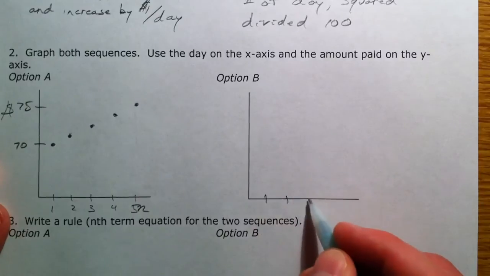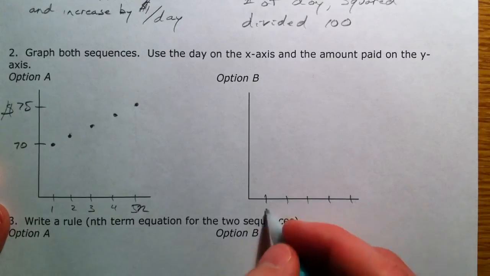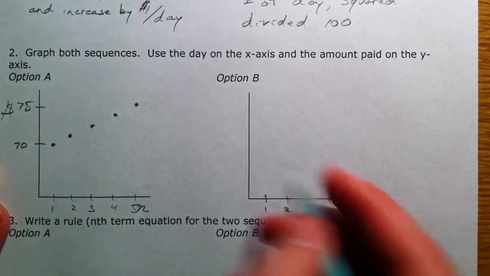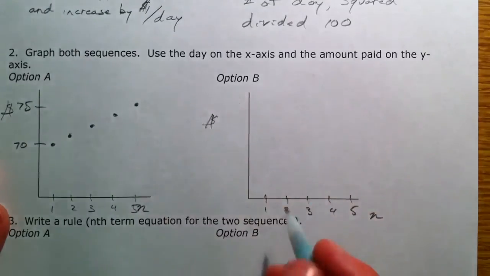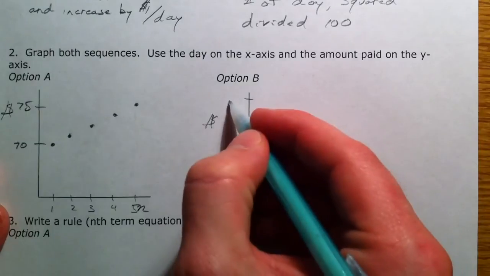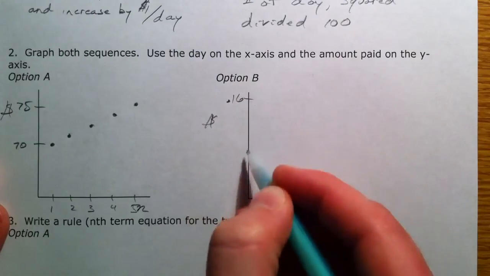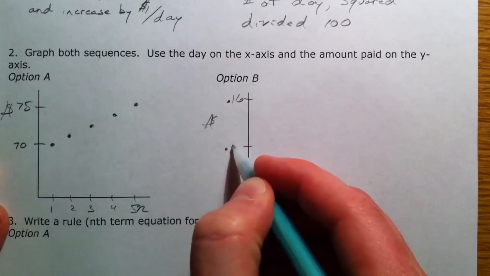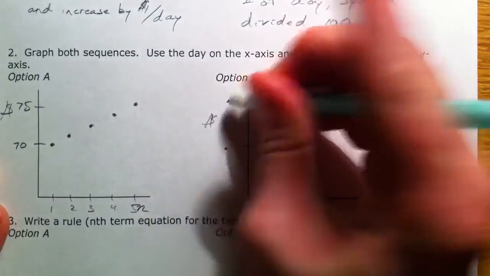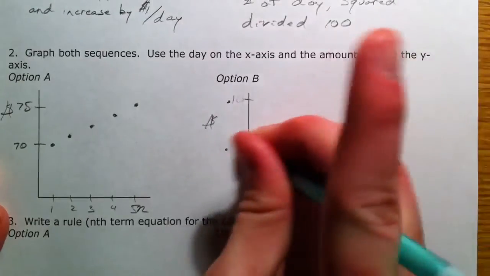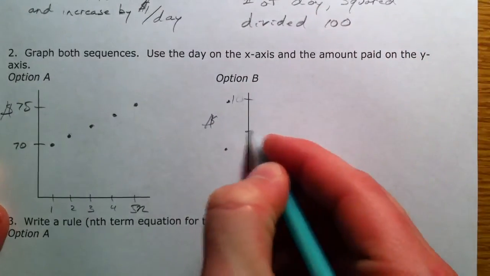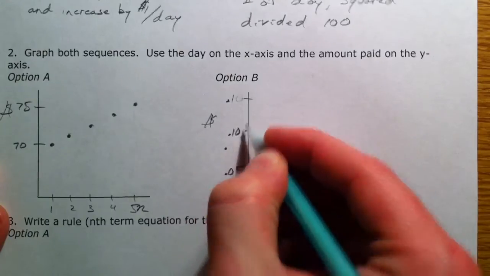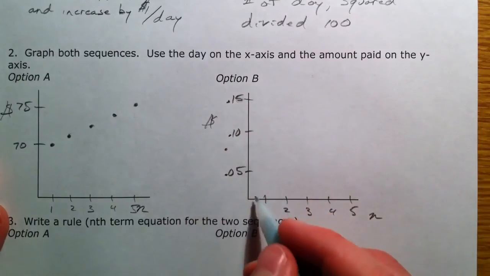They can also look like a curve though, and so that's what I wanted to represent here. 2, 3, 4, 5. And so let's make 0.16, divided into thirds, 0.05, 0.10, and 0.15.